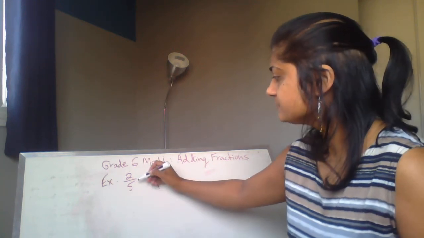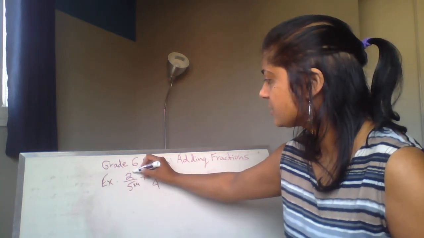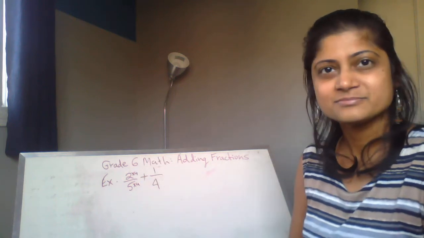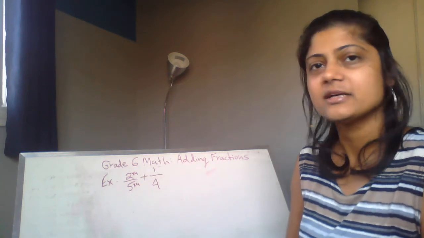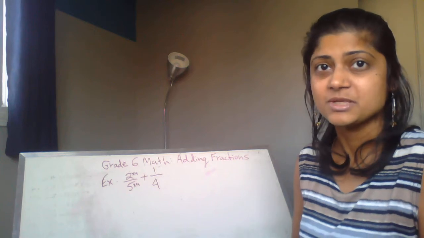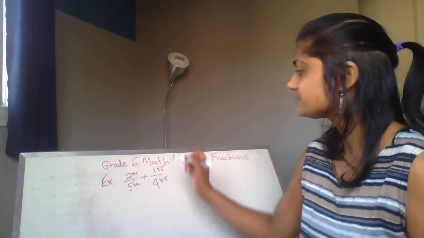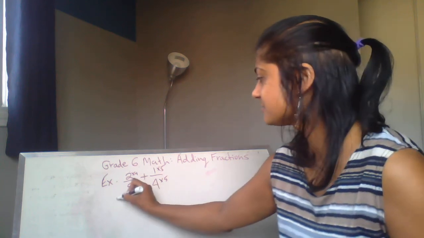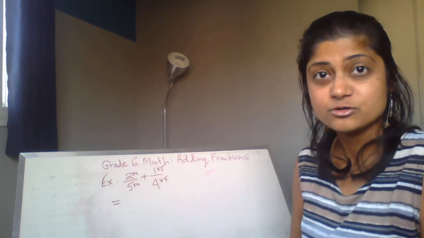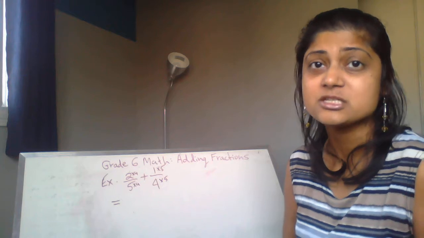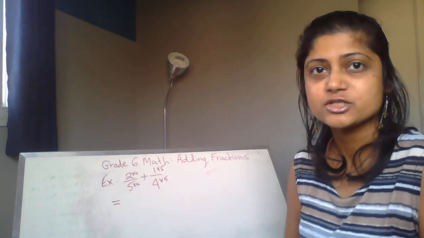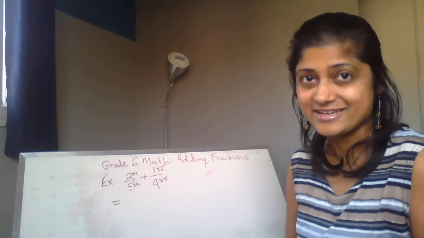So I have 5 here, so I'm going to multiply the top and bottom by 4. And on the other side, I have 4, and I'm going to multiply it by 5. Okay, on both sides. Alright, just like this. So let's try the first fraction, and again, we're going to go through it really slowly. For the first fraction, I'm doing 2 times 4, which is 8.